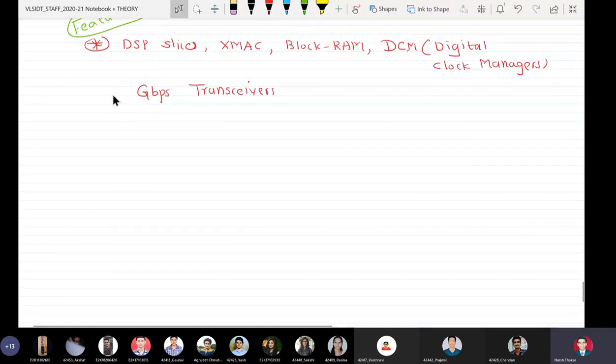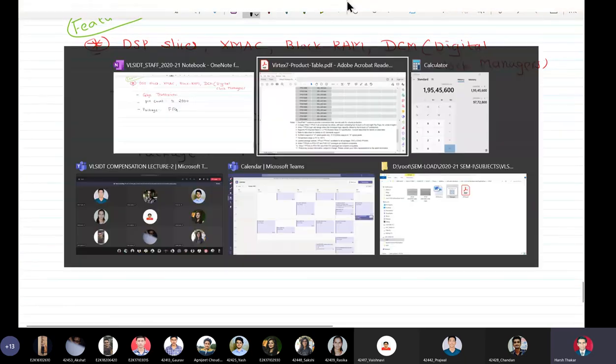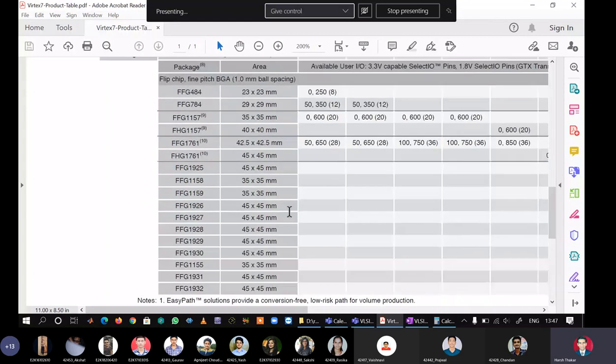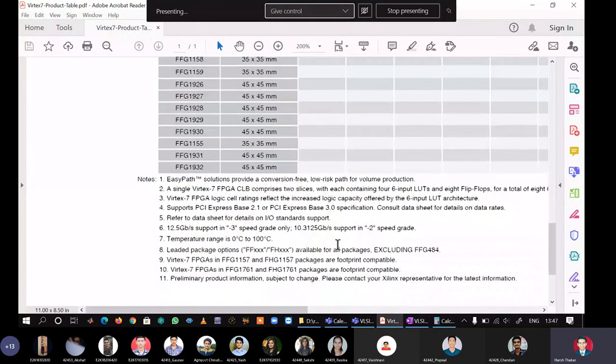And the pin count of FPGAs is almost equal to 2000, and the package they are available in is called FFG. Again it is written here, mostly FFG packages. All the packages are FFG, only pin numbers are changing.